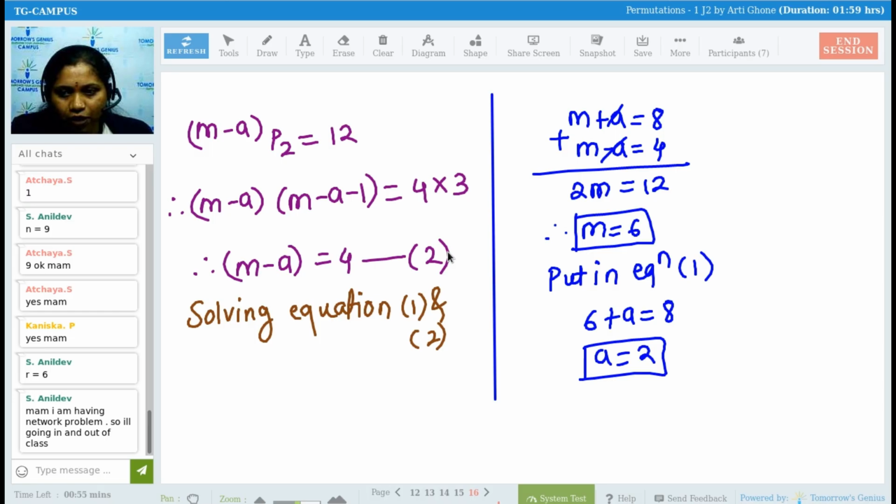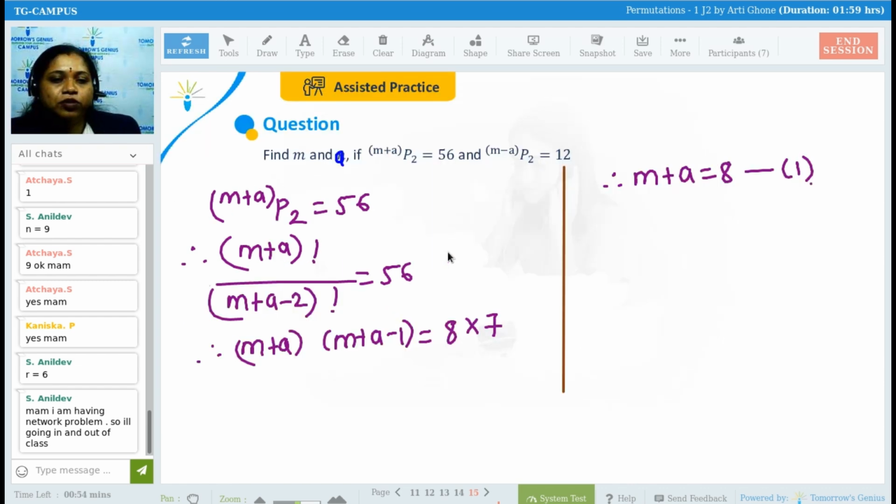We got the value of m is equal to 6 and a is equal to 2. Clear? Whenever your first method is going wrong, and we are not getting anything common while we solve with the ratio method, that's why we changed our methodology of thinking also.